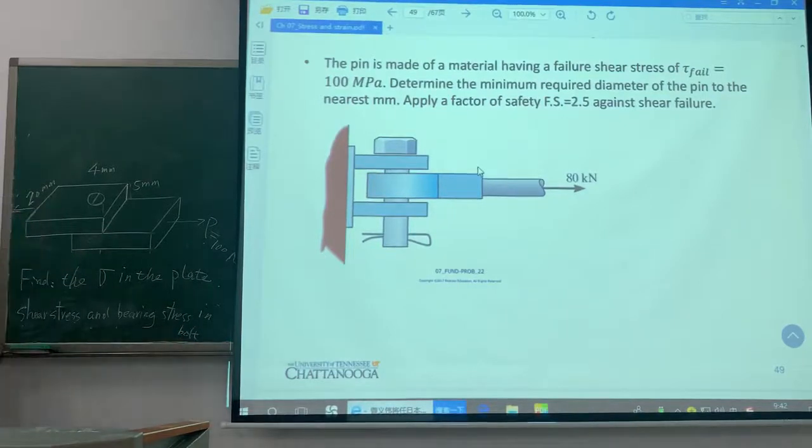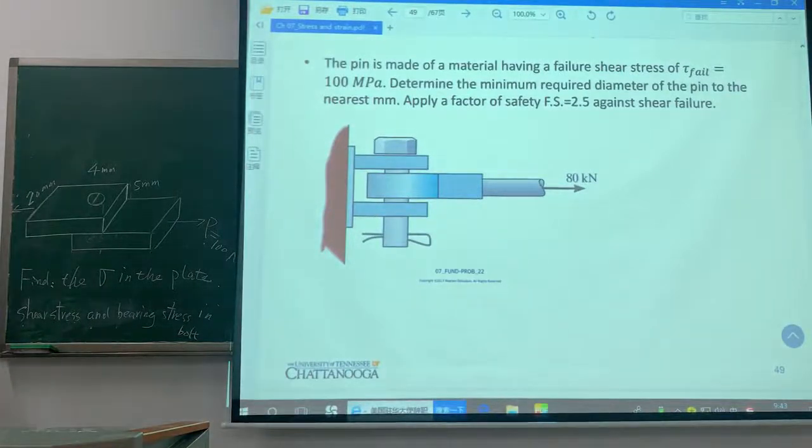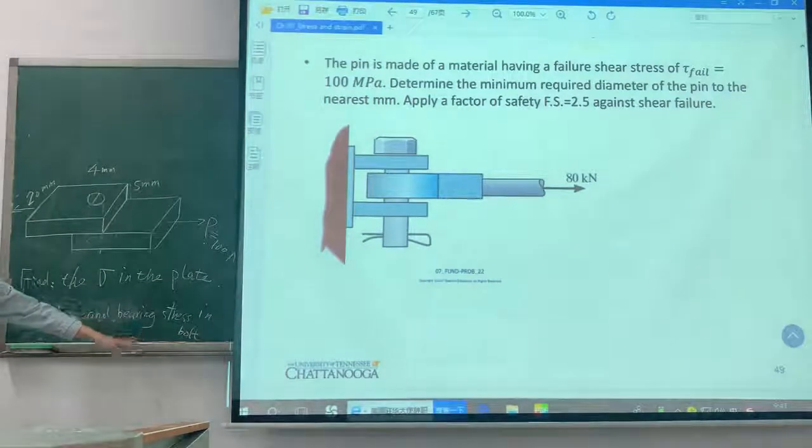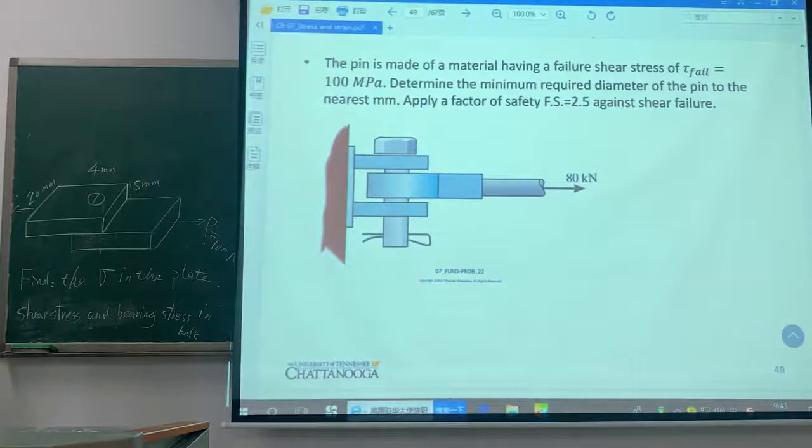Understand? Here is the question. I ask you to find the largest normal stress in the plate, the shear stress and the bearing stress in the bolt. This is the homework.